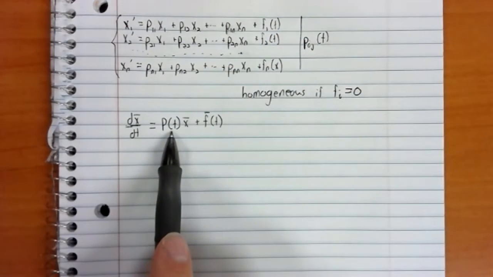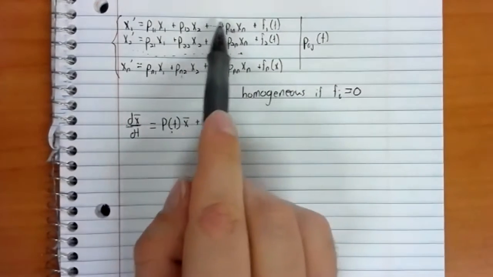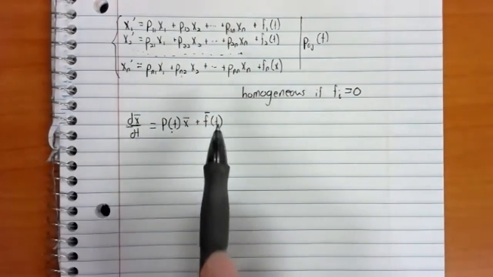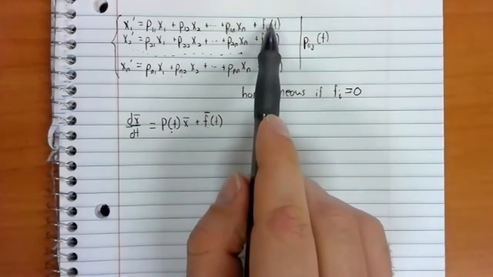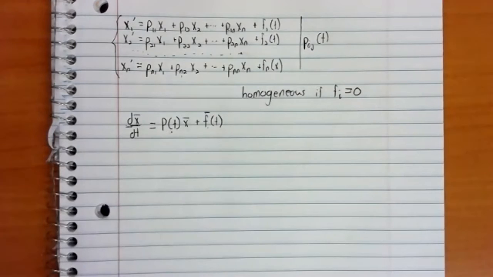This P is a matrix that has these P's as its coefficients. This F is a vector of these F's. As long as these P's and F's are continuous on a common interval, solutions exist. And if we have n initial conditions, solutions are unique.